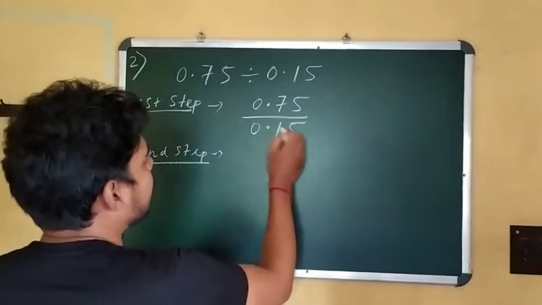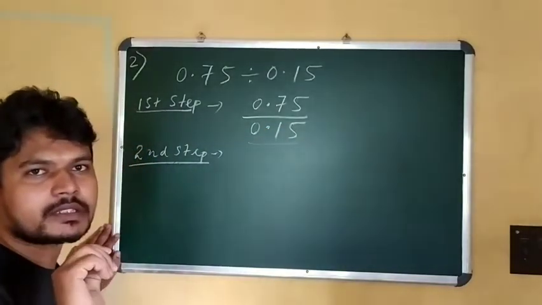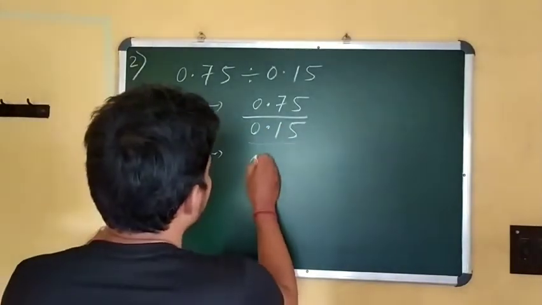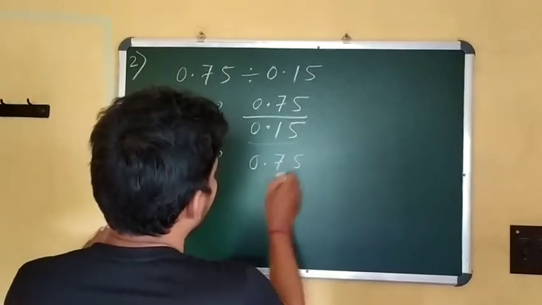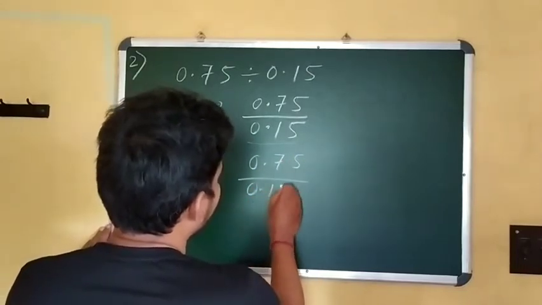So here, 1, 2, there are two decimal places. So 0.75, you write down the same number once again.